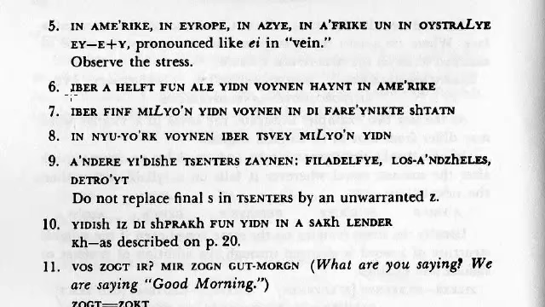Now, note about this article a is that it's not preceded by a vowel, it's in the beginning of the word, so it merges with the previous word, so it becomes über a Hälfte.